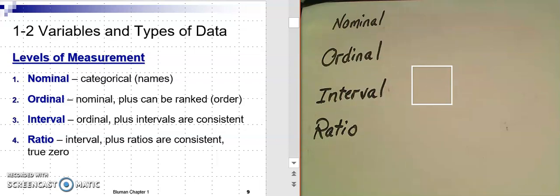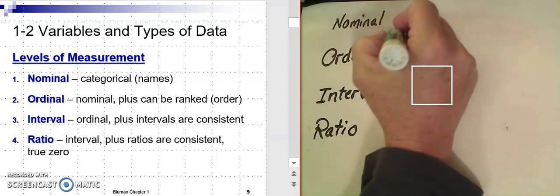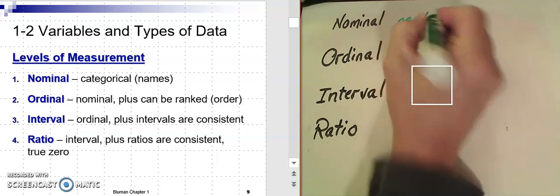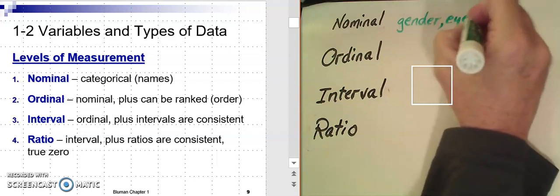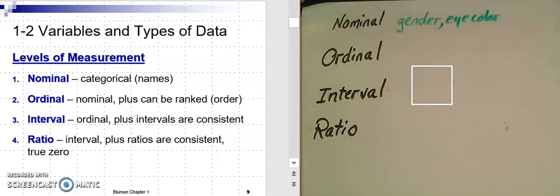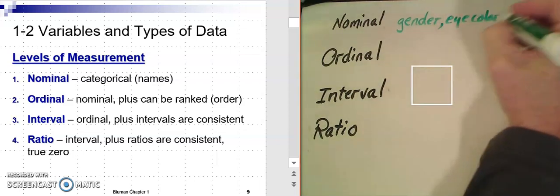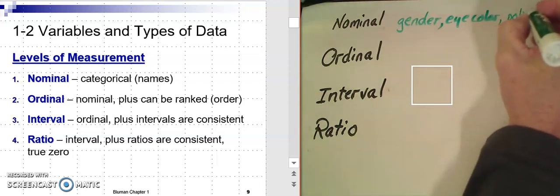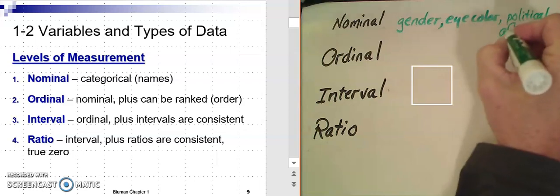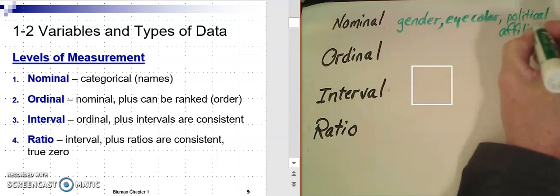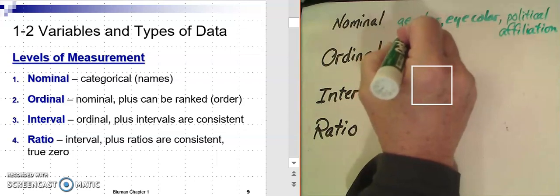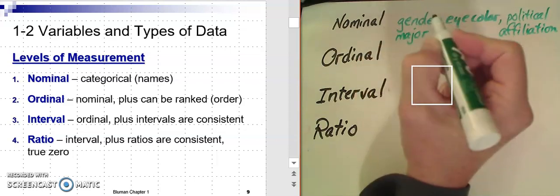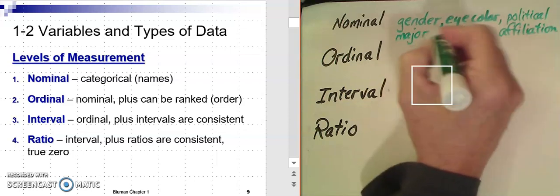So things that would be a nominal level of measurement would include gender, eye color, I know we say that a lot, political affiliation, maybe your major field of study, that's a nominal measurement. Major. Even something like zip code.